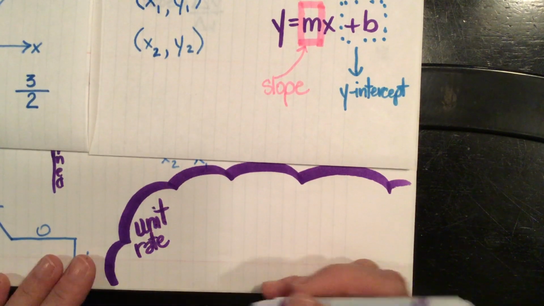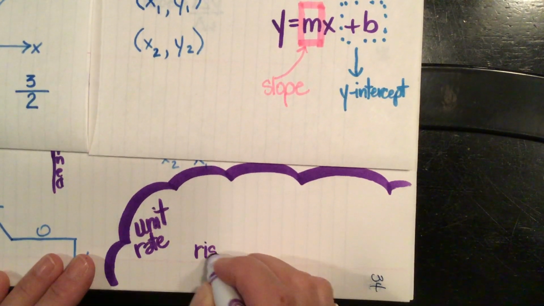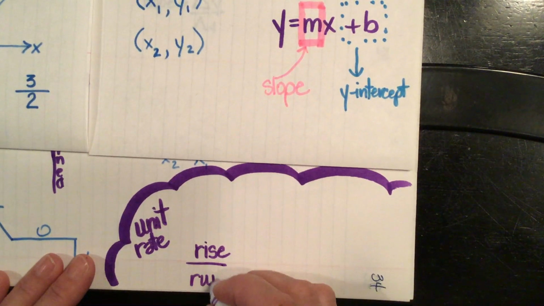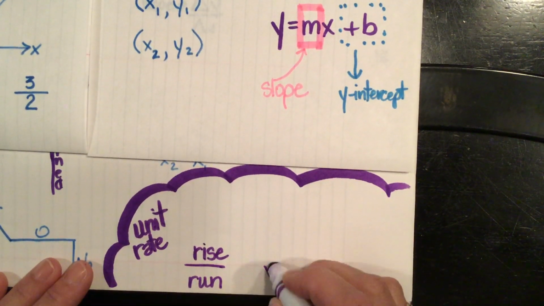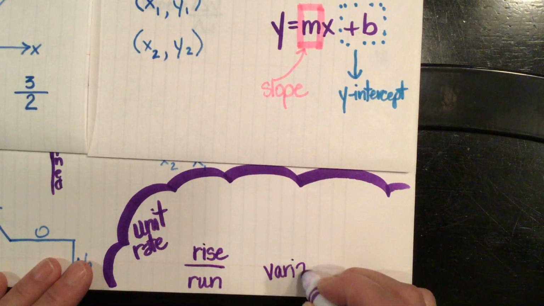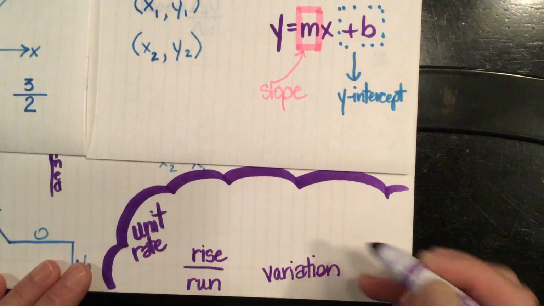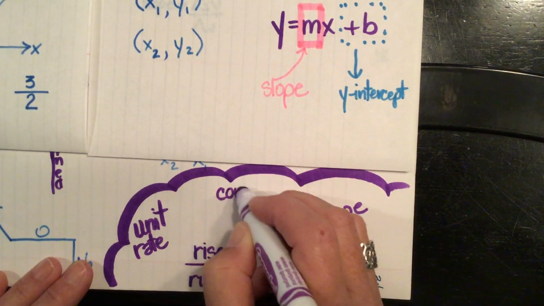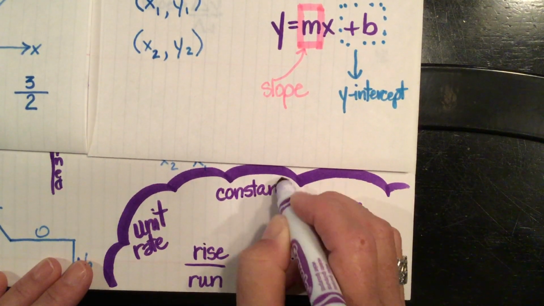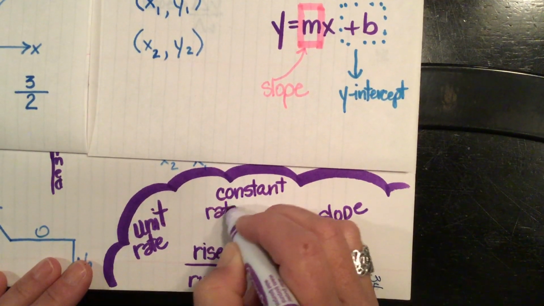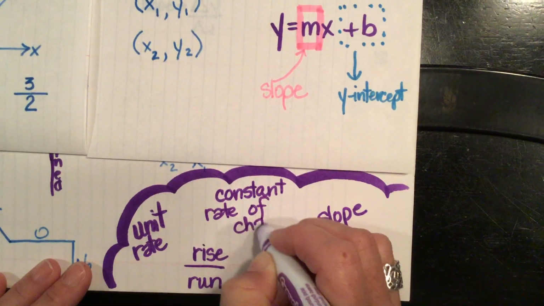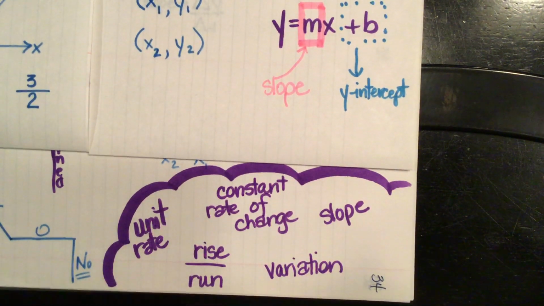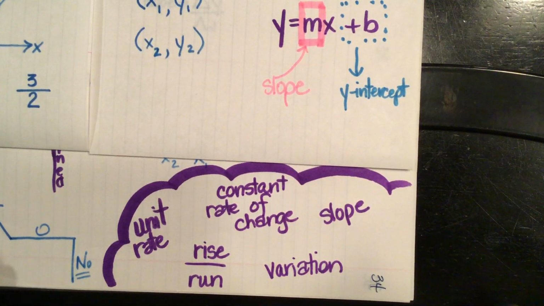There's all different kinds of names: rise over run, variation, the word slope, or the constant rate of change. This is all nothing new. You did this in 7th grade, but we're going to take it one step further.